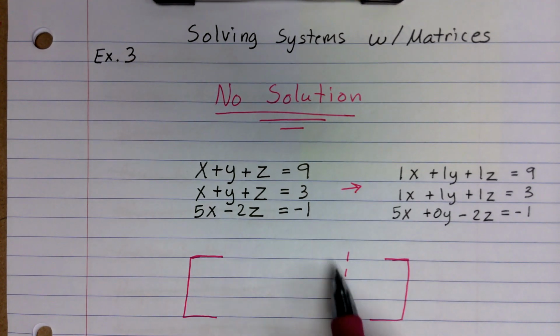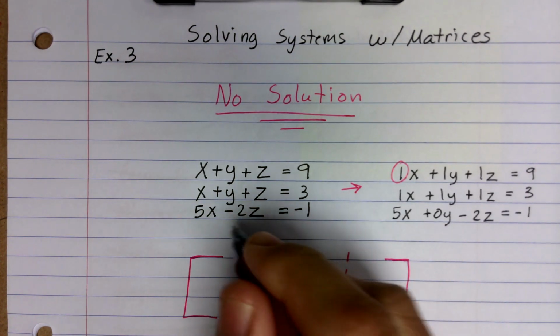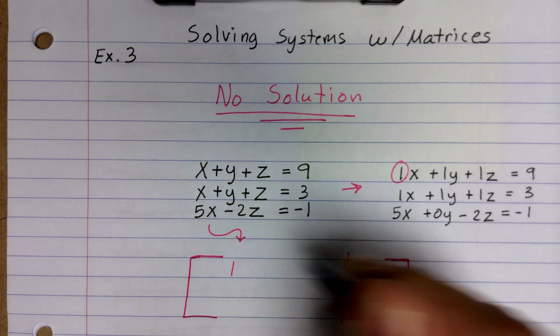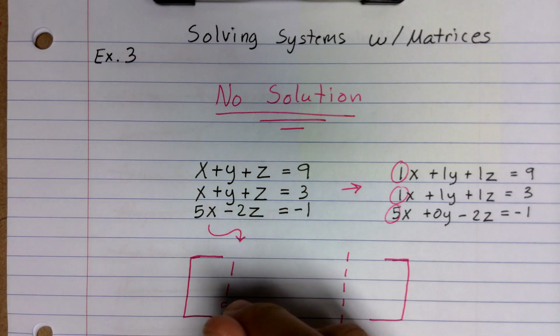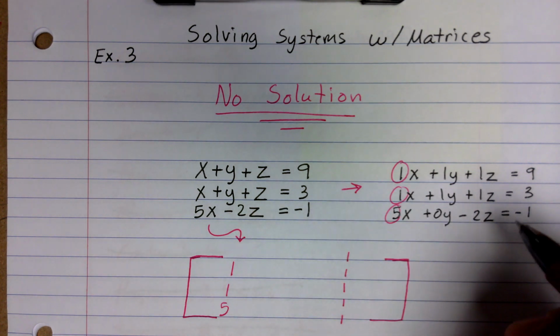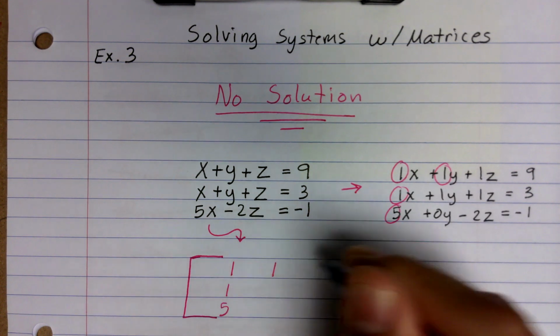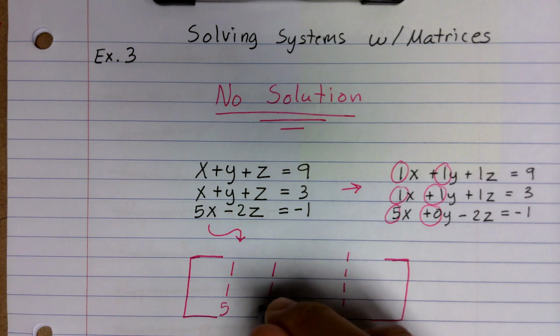I'm going to take these values and put them into my matrix before I put it in the calculator. For my first row, we're looking for x values. We currently have 1, 1, and 5. And then for my y values, the next one is positive 1, 1, and 0.